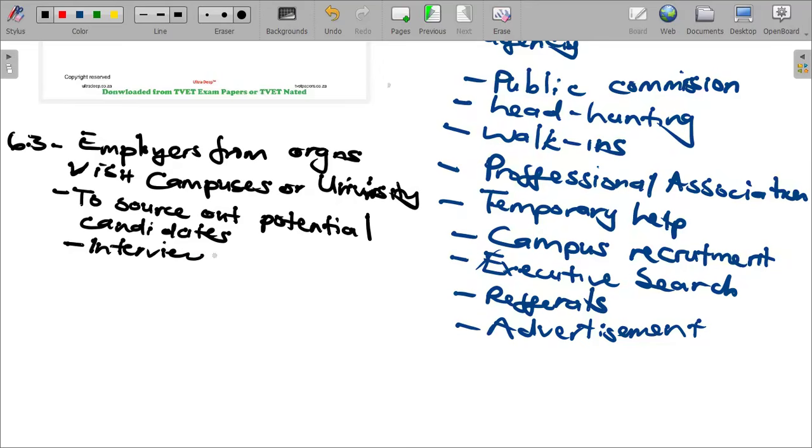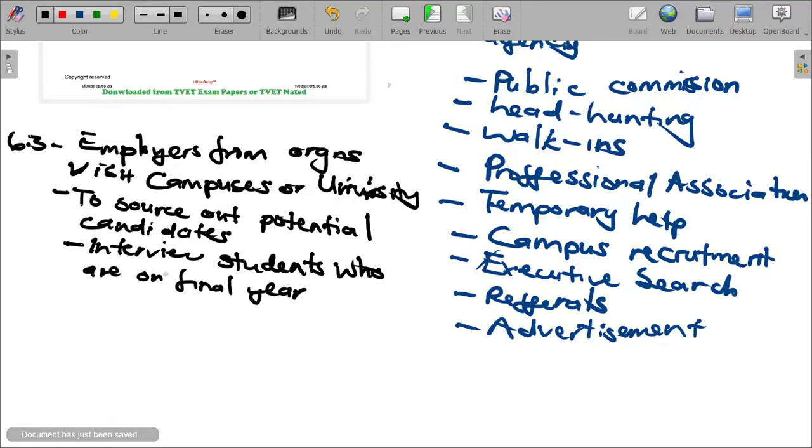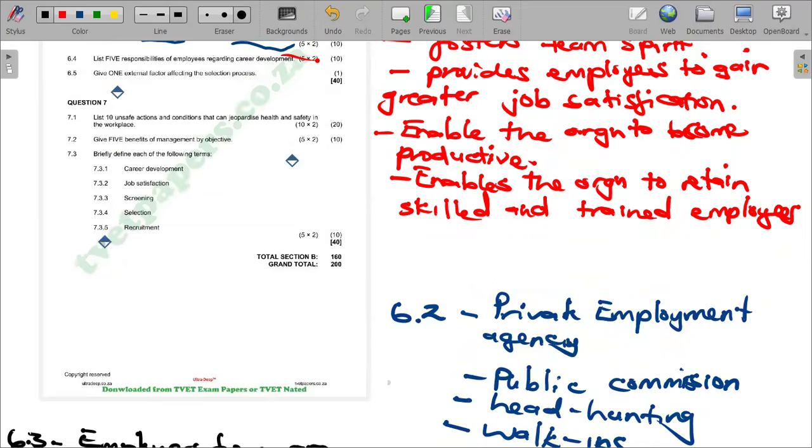They interview students who are on the final year of their study. So they are looking for those people.